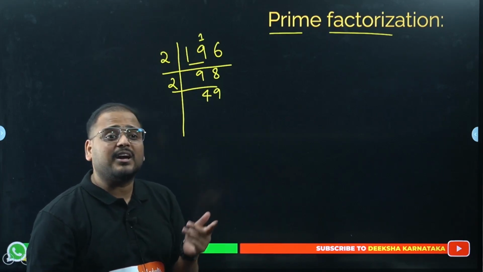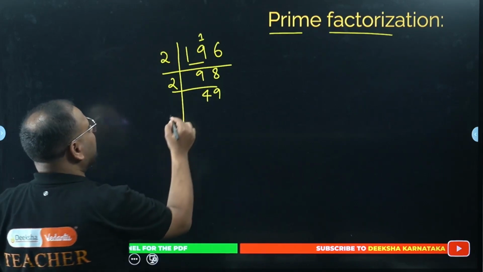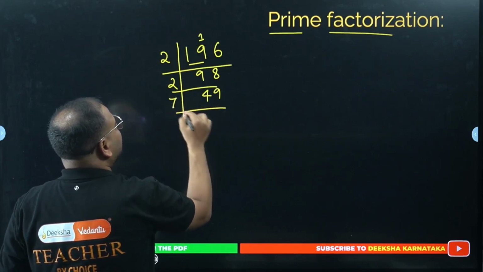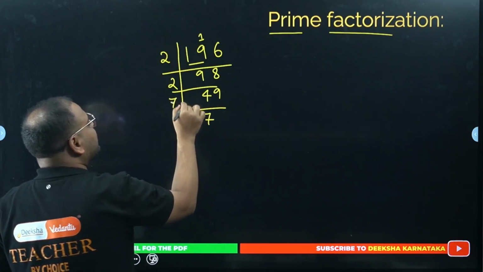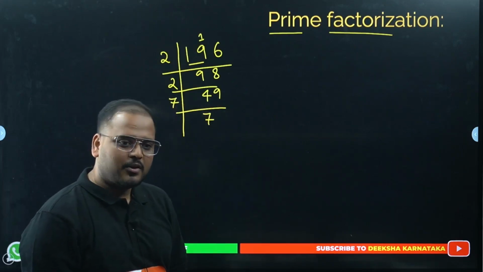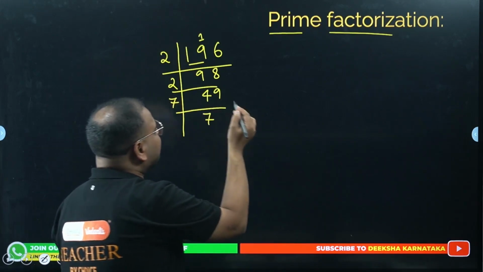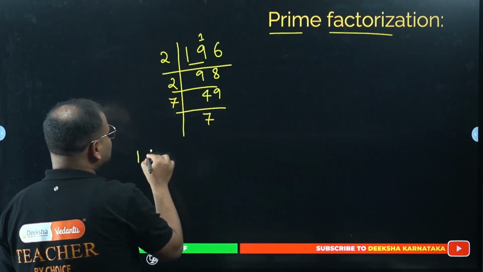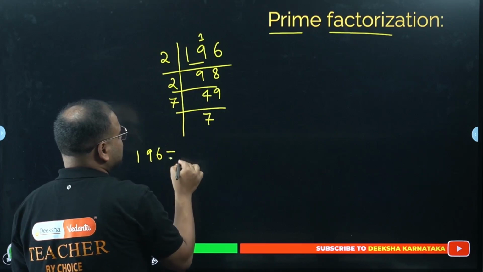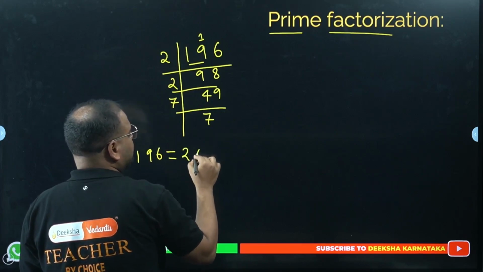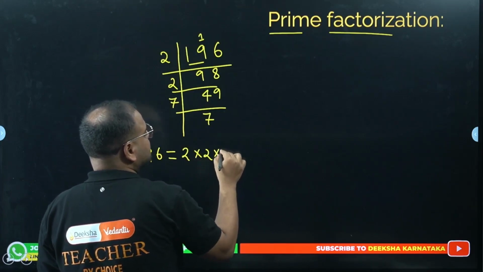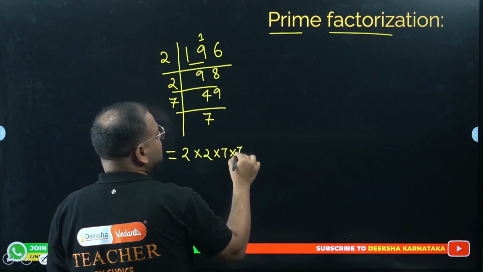What else can we take? Everybody knows, 7 we can take here directly, because 7 7s are 49. So basically I can write this number 196 as 2 times 2 times 7 times 7.